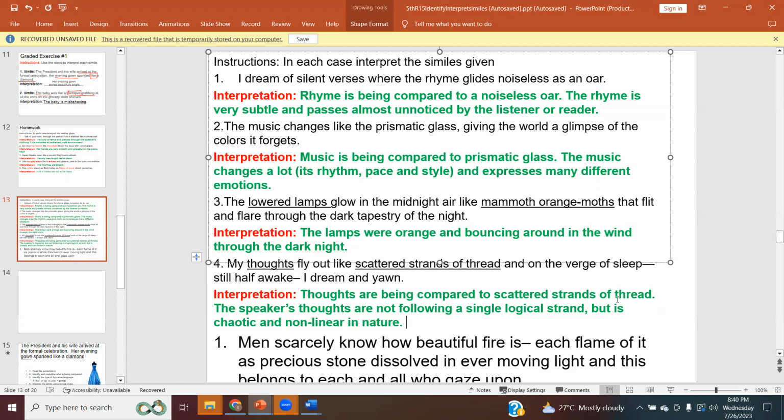So the speaker's thoughts are not following a single logical strand, but are chaotic and non-linear in nature. Okay. That's mature writing.